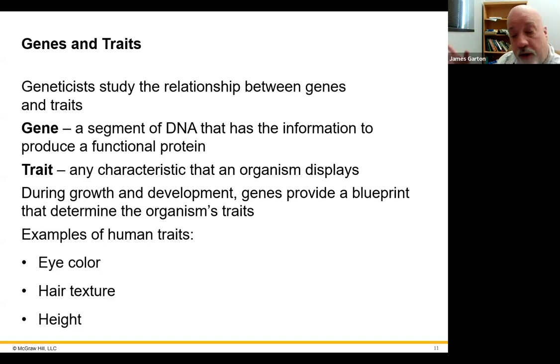And then there are other traits that are not as strongly tied. Skin color, for example, is determined by genetics, but it's also determined by the environment. So there are some traits that are very tightly determined by the genes you have. And there are some traits where the genes you have contribute, but it's also the environment that contributes to that trait.